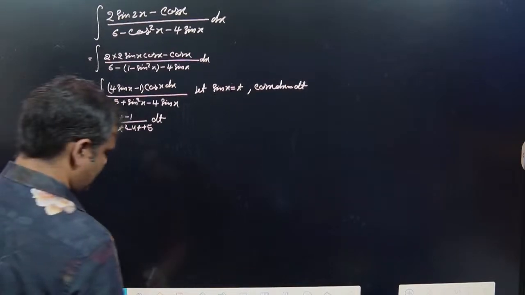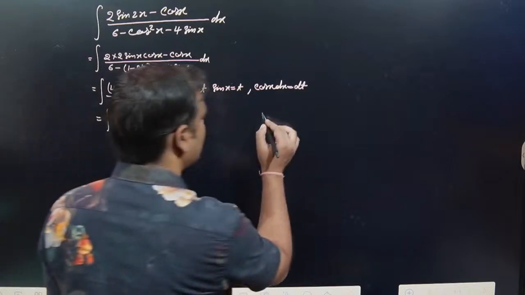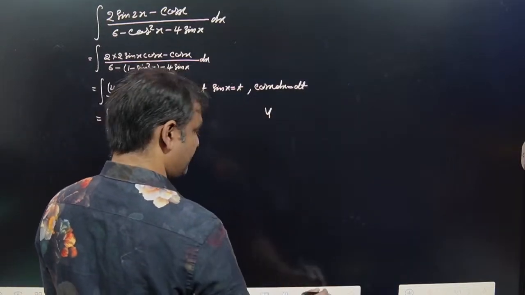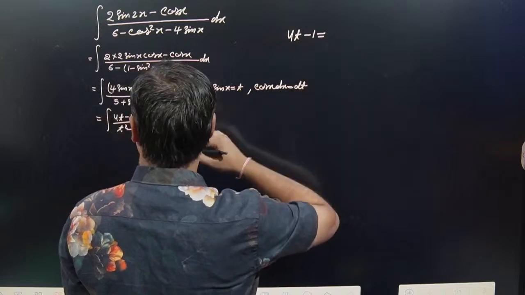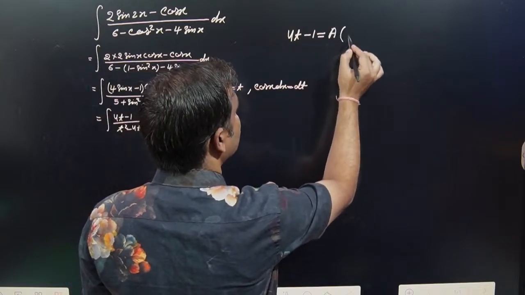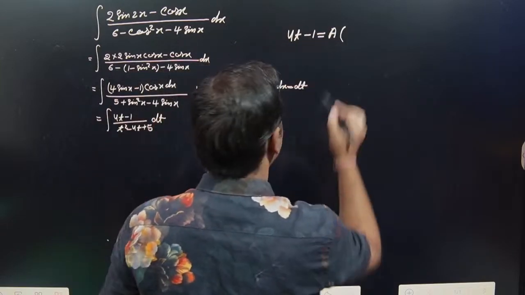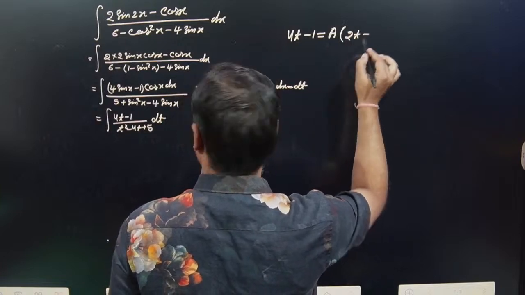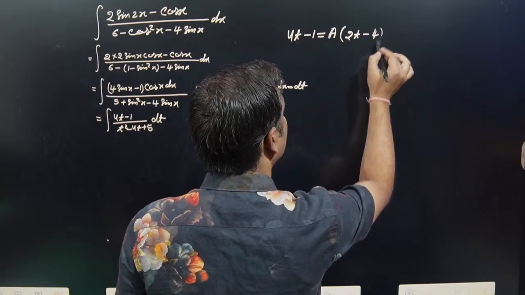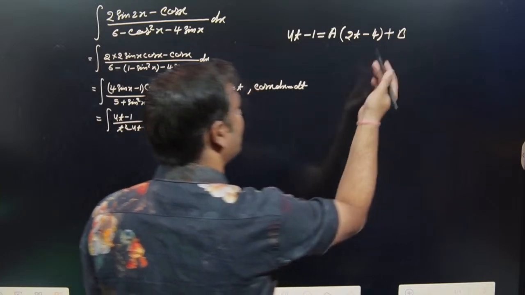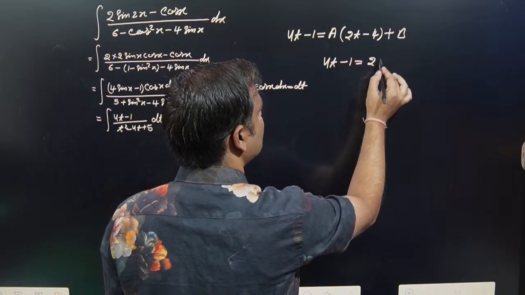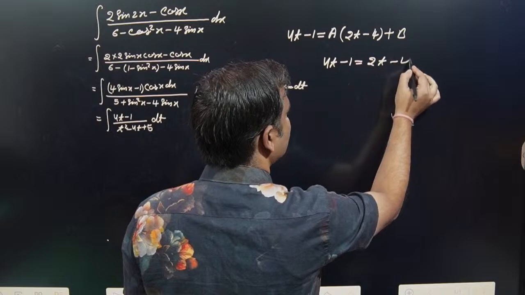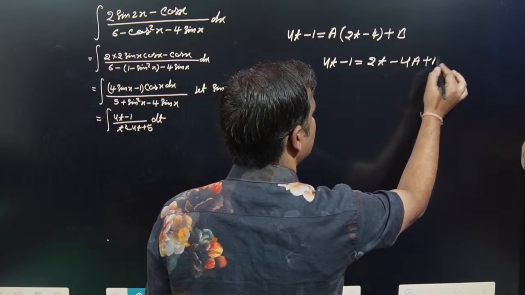Simply, 4t. Now 4t minus 1 will equal a into the differentiation of the denominator, 2t minus 4, plus b. So what about a and b? So 4t minus 1 is written as 2t minus 4a plus b.